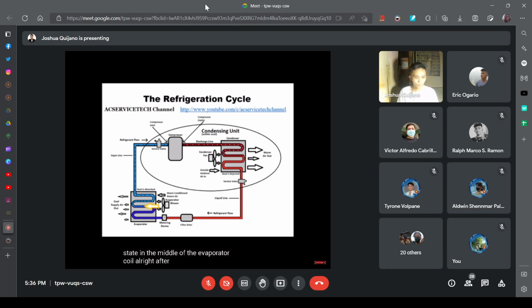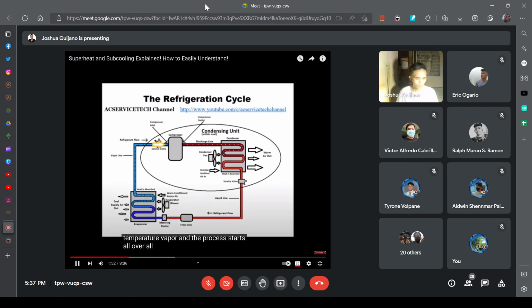All right. After it turns into a complete vapor, right after the saturated state, after absorbing heat, right where it turns into a vapor to where it comes out of the evaporator coil at, that's called the superheat. It's the temperature increase in vapor. All right. It then continues to proceed over into the compressor as a low pressure, low temperature vapor, and the process starts all over. All right.